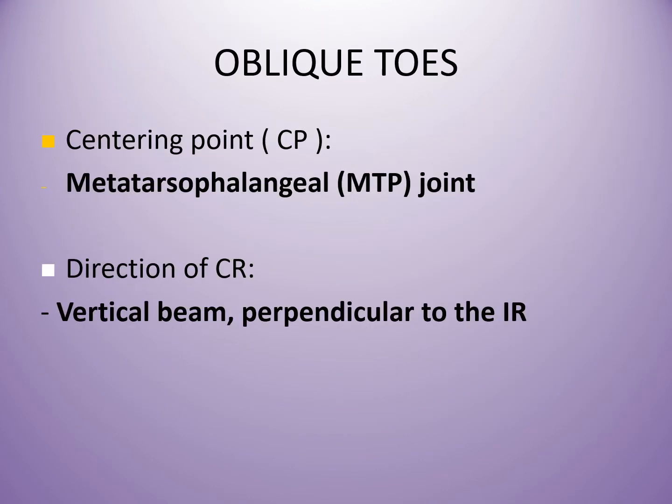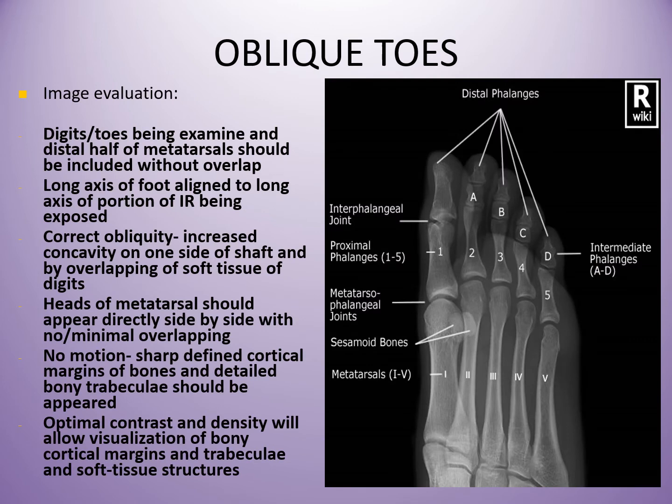Alright, the centering point is at the metatarsal phalangeal joint and direction vertical beam with the beam perpendicular to the image receptor. Metatarsal phalangeal joint. Oblique toes here, this is the radiograph to be shown. Okay, on the image, see the oblique view.